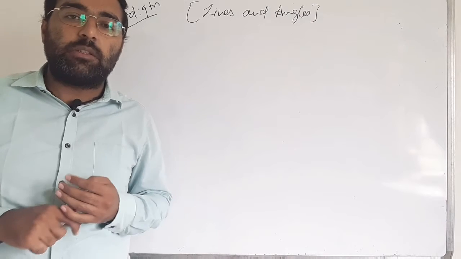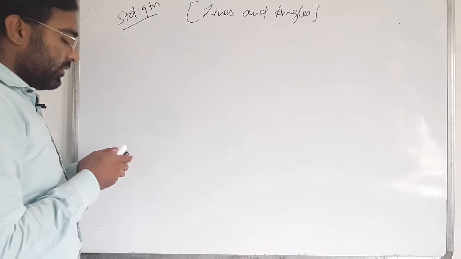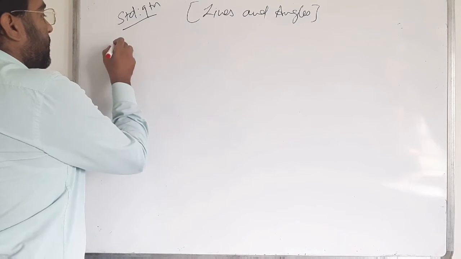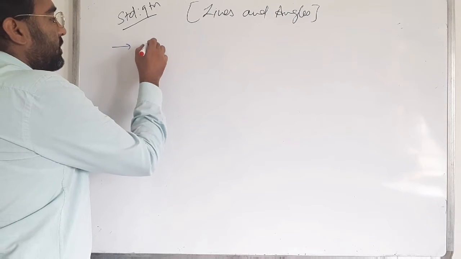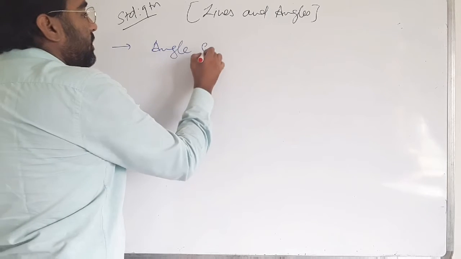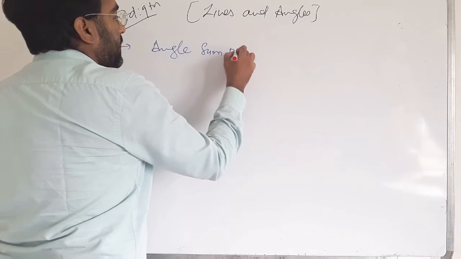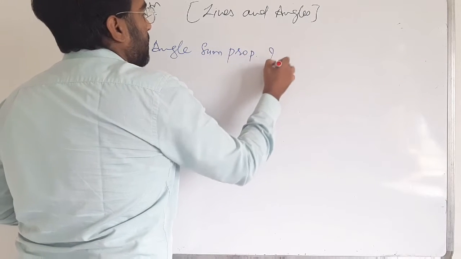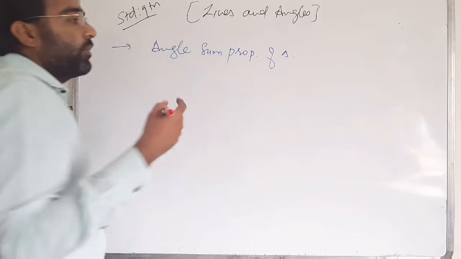That is the theorem of triangle, which we call the angle sum property of triangle. What is the angle sum property of triangle?